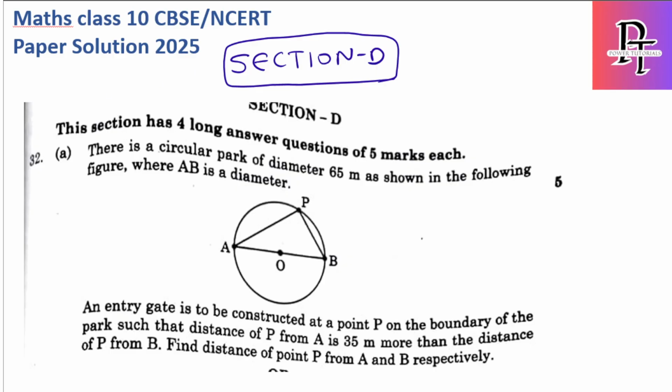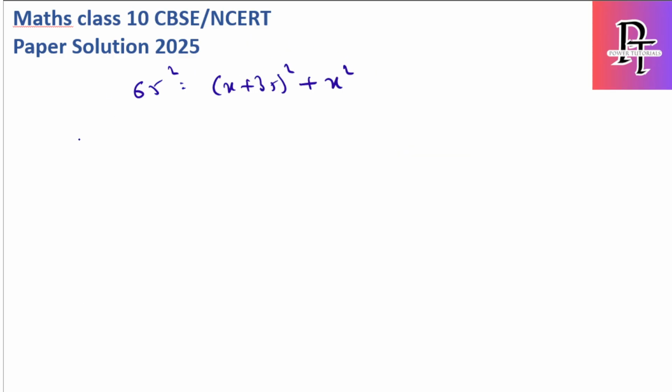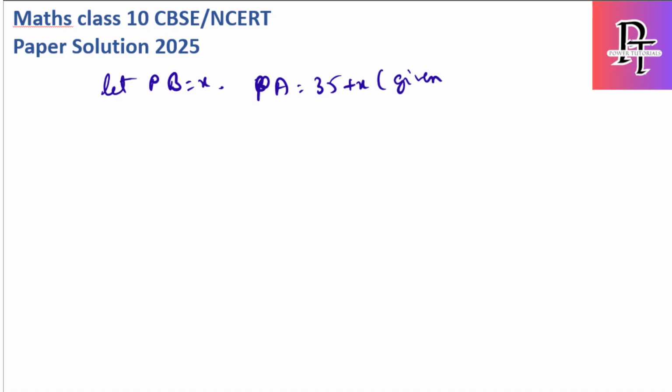So I will write one more step here. Let PB be equal to x, then PA will become 35 plus x. You can also mention bracket given. Now apply Pythagoras theorem.